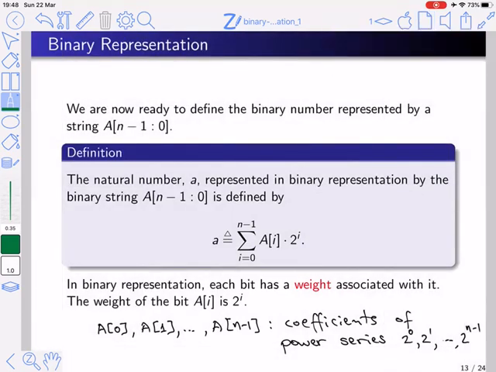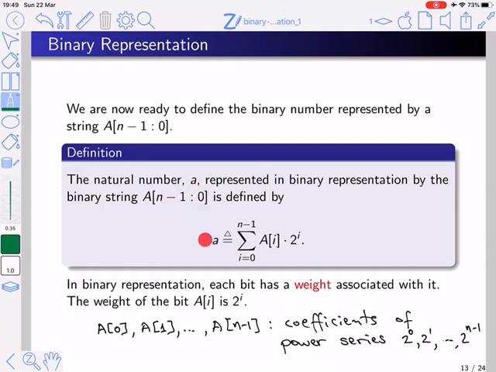Good. Now we are ready to define how numbers are represented by binary strings. This is called the binary representation. So consider a natural number A, and we say that A is represented by the string capital A, whose bits go from position 0 to position n minus 1.